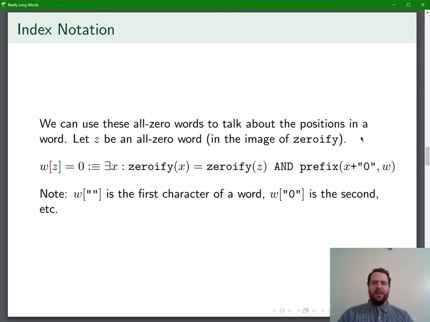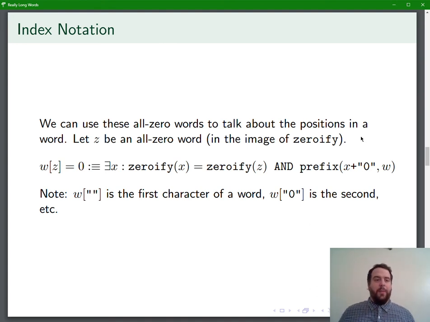And one of the interesting things is that we can use these words, which are all zeros, right? So words that are in the image of zeroify, to talk about positions in a word. And so here I'm going to introduce index notation.